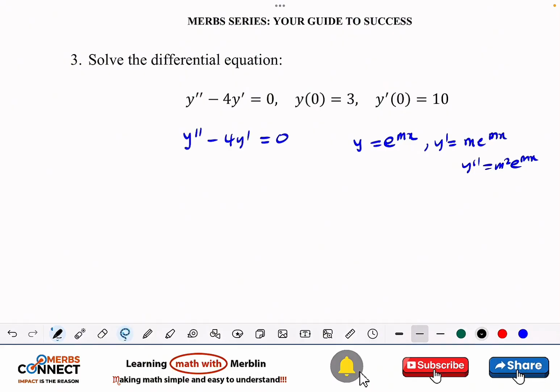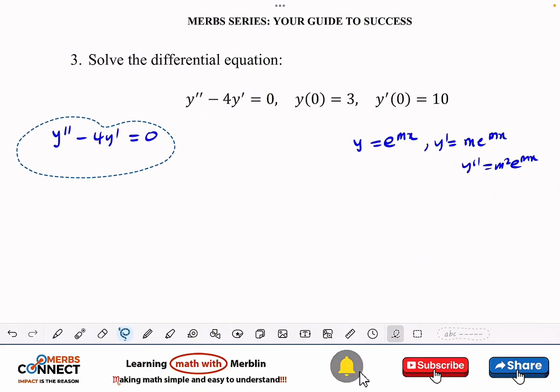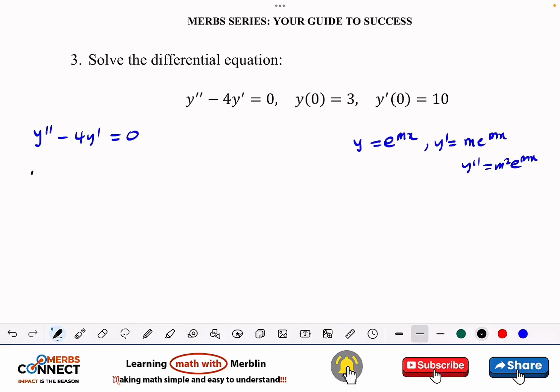So let's do substitution here. We have m squared e to the power mx minus 4m e to the power mx is equal to 0.